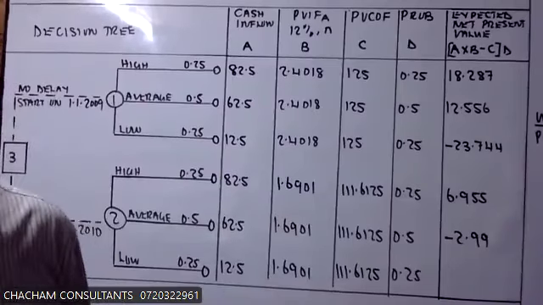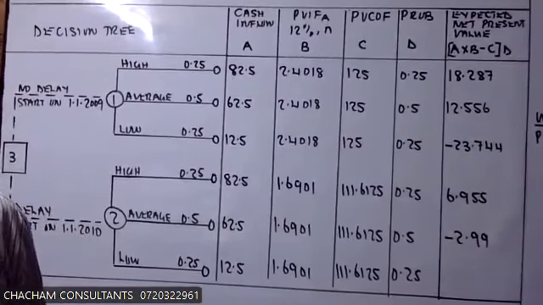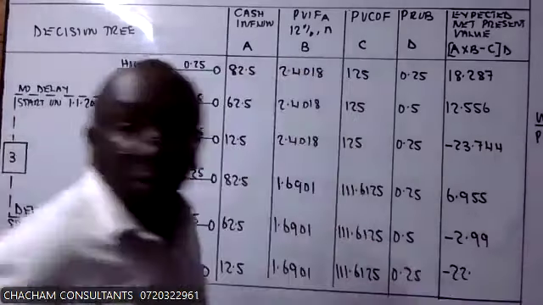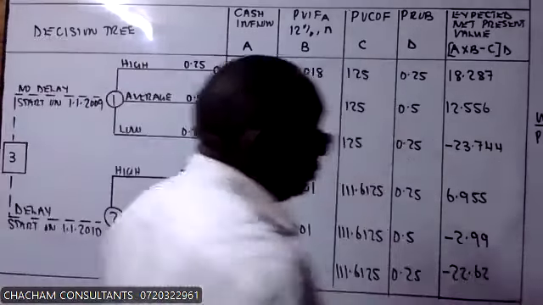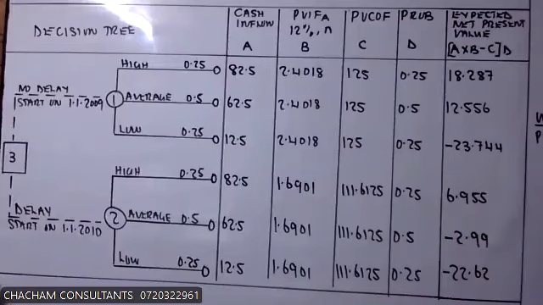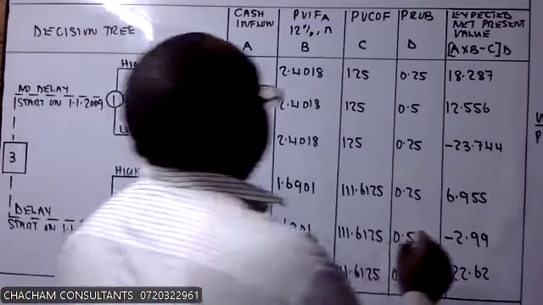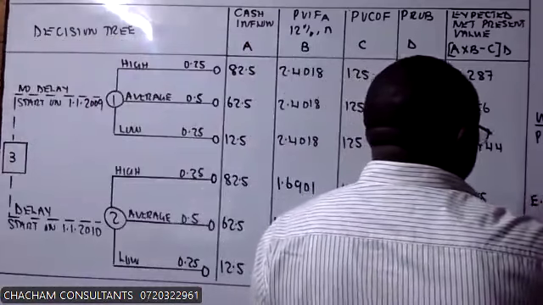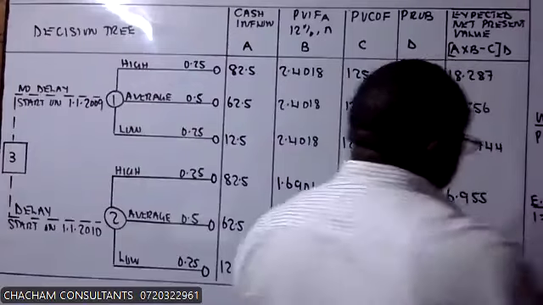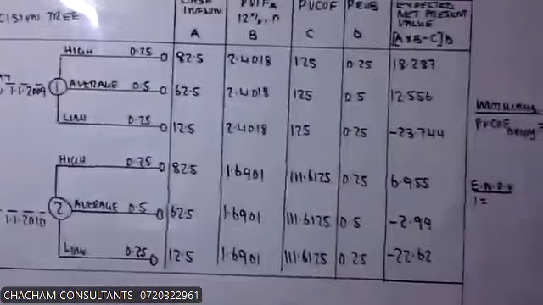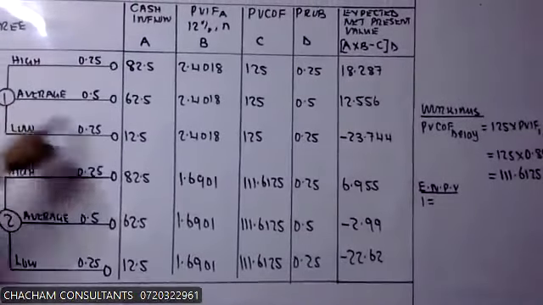Then negative 22.62. Haya, so the expected net present value at node 1, if you want to know the expected net present value at node 1, this one, you add these three.